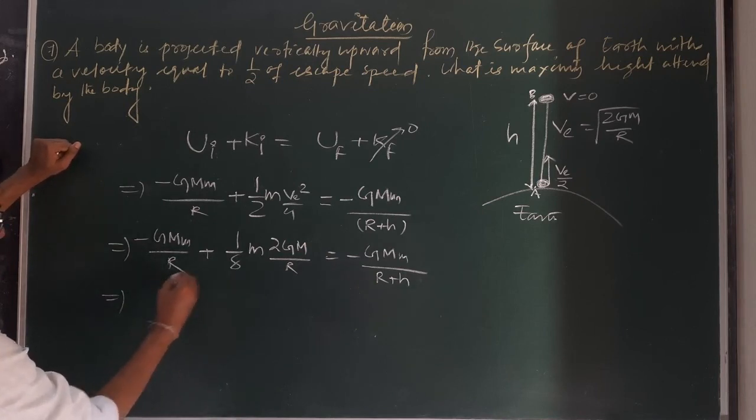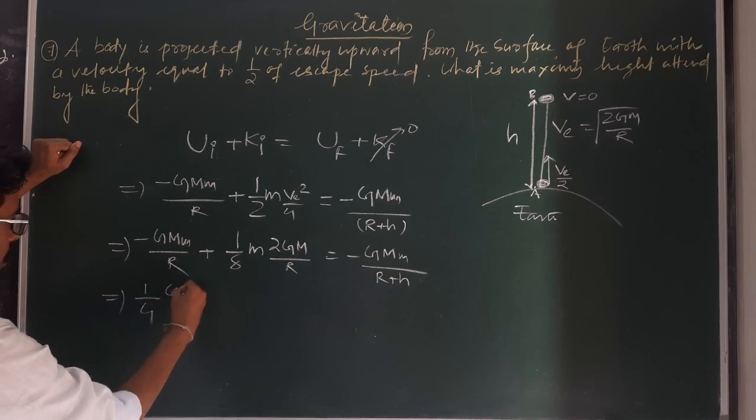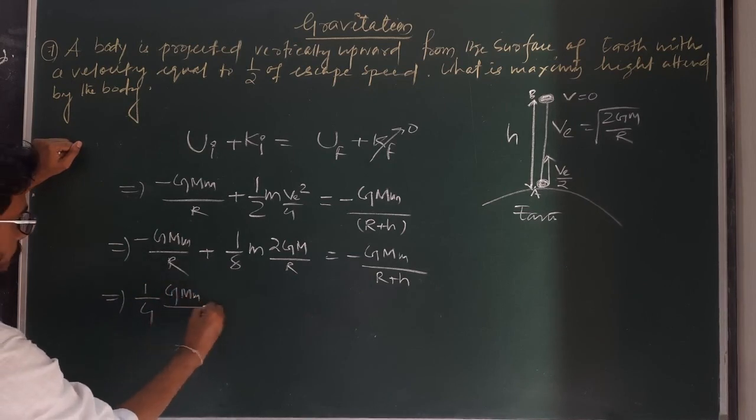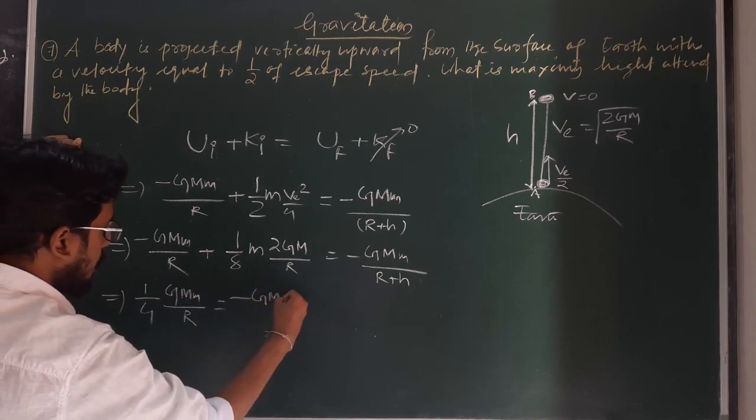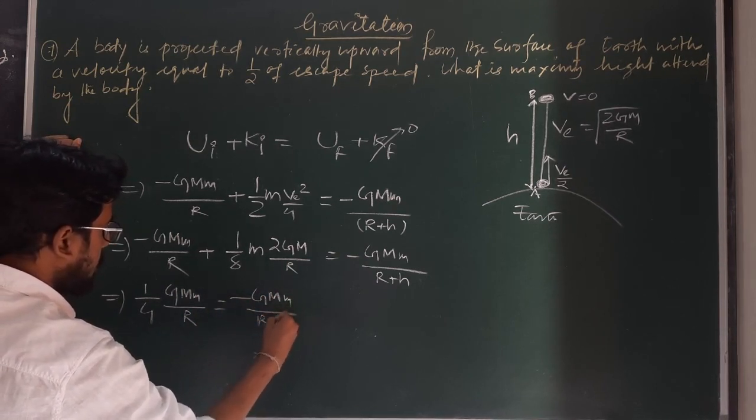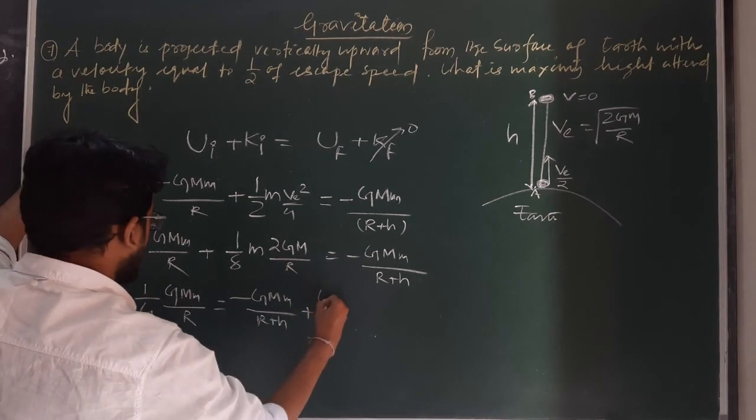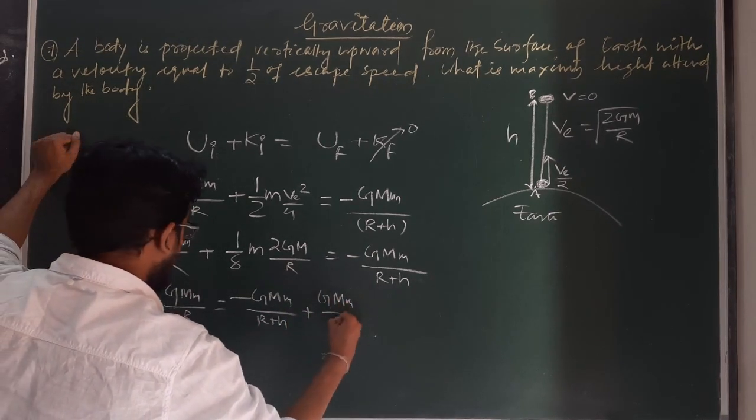This will be 1 by 4 GM by r is equal to minus GM by r plus h plus GM by r.